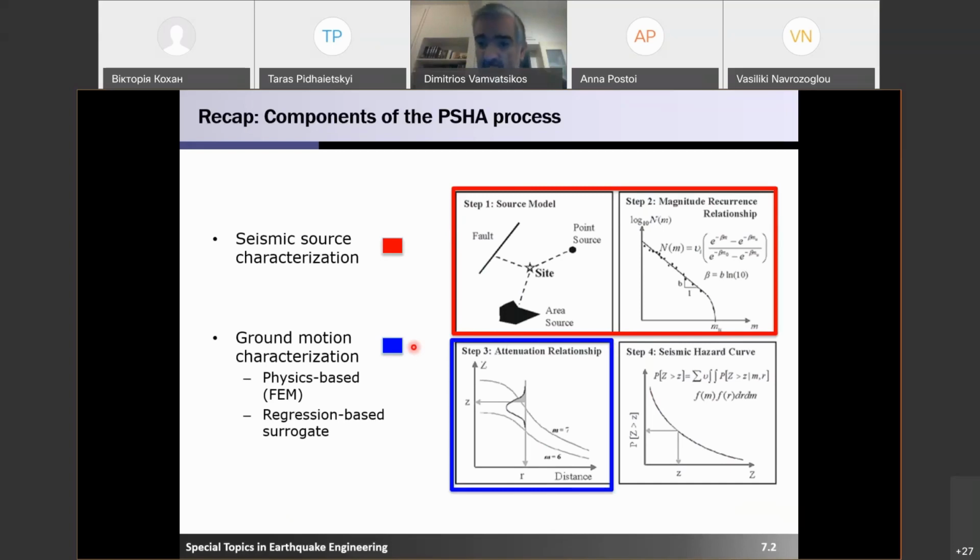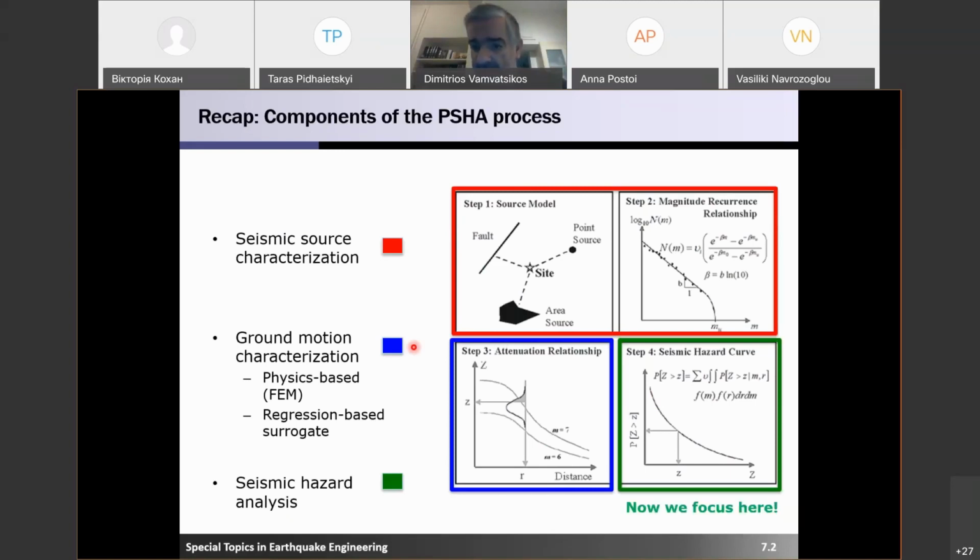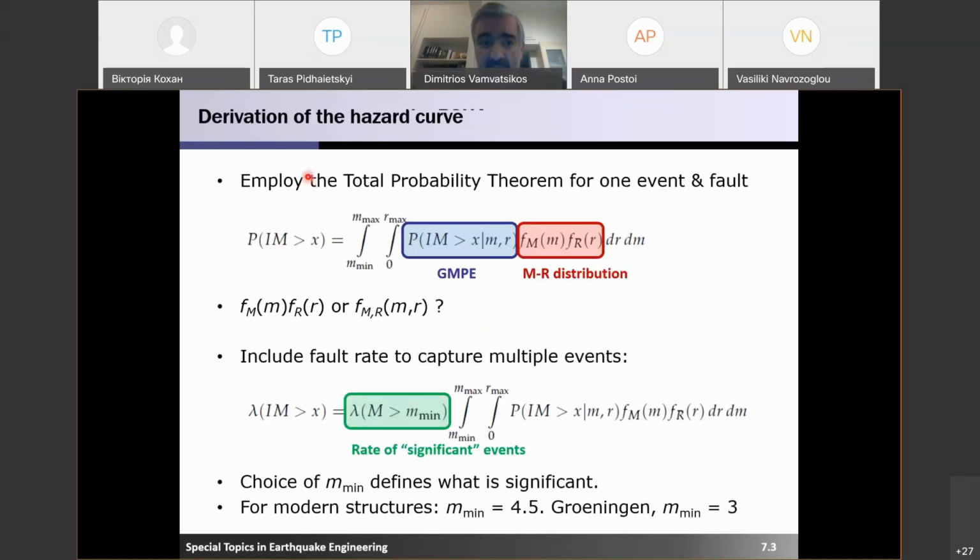Now, what is missing is the last part, where we're going to put everything together to get a seismic hazard curve, okay? And that's going to be our focus. So let's try to build this up. What I've shown you so far is the GMP, more or less, and the magnitude distance distribution.